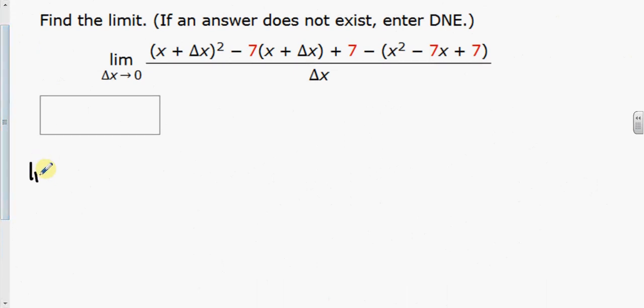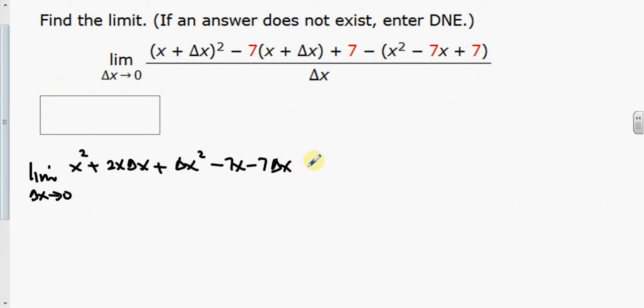So this is the limit as delta x goes to 0. I'm going to simplify what they tell me. This is (x + delta x) squared. So this is x squared + 2x delta x + delta x squared − 7x − 7 delta x + 7, run the negative through the parentheses, − x squared + 7x − 7.